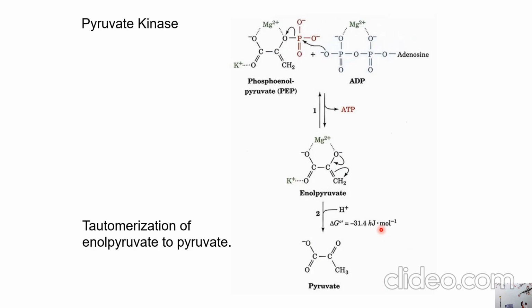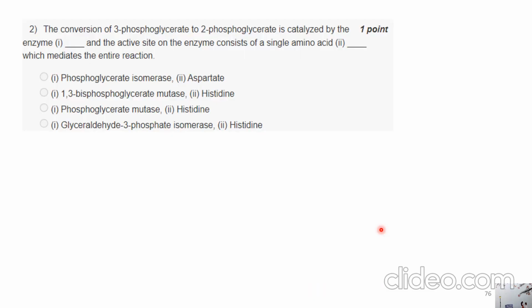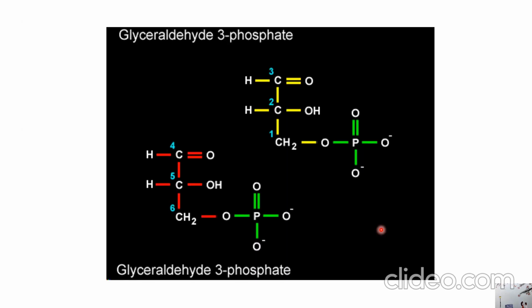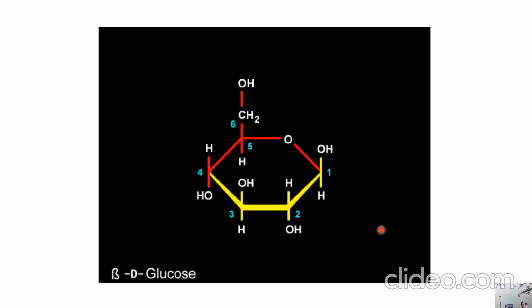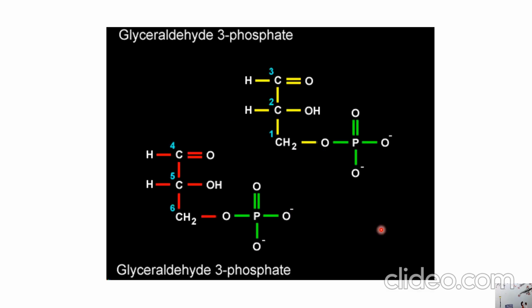However, tautomerization of enol pyruvate to pyruvate keeps on happening. So that was all regarding the aerobic and anaerobic oxidation process. If you have any doubt, you can ask me, or we can move on to the next question.